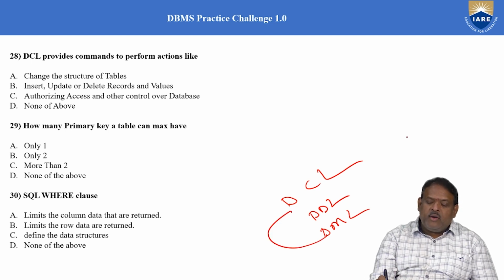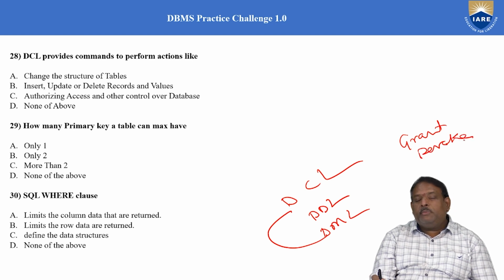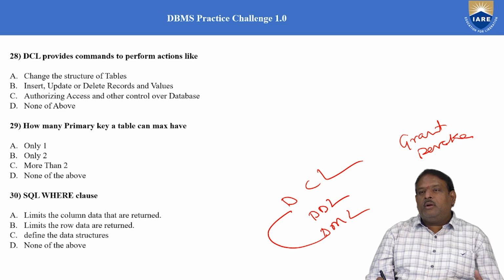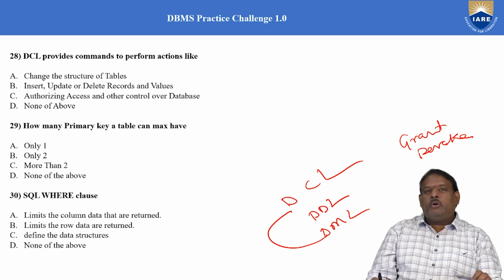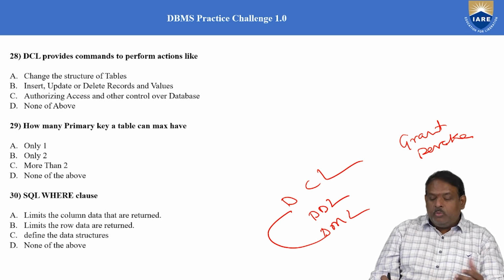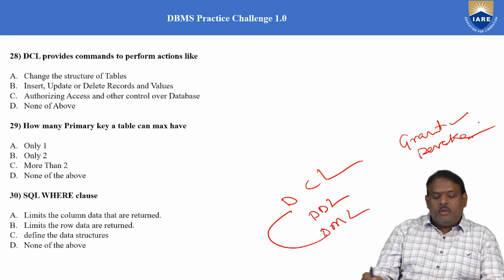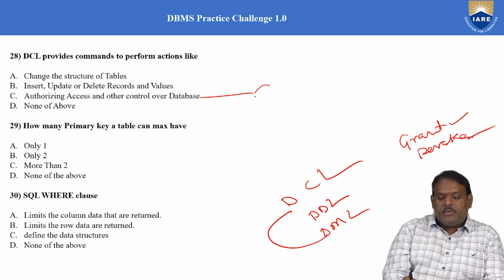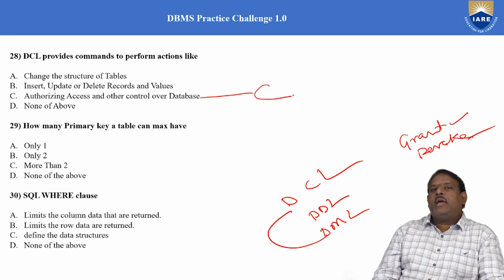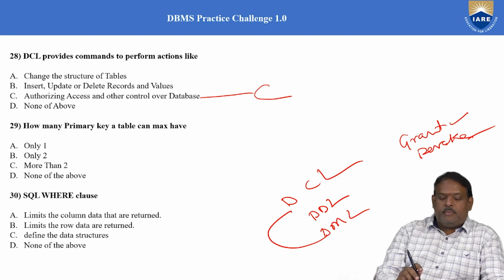In DCL we have 2 commands called grant and revoke. These 2 commands set user specific permissions on a table or an object, to provide access or to remove access. So the option here is C, authorizing access and other controls of the database.